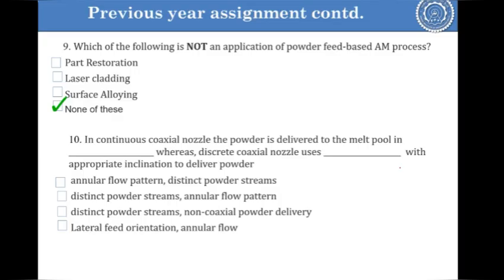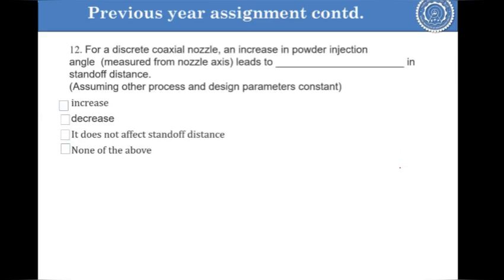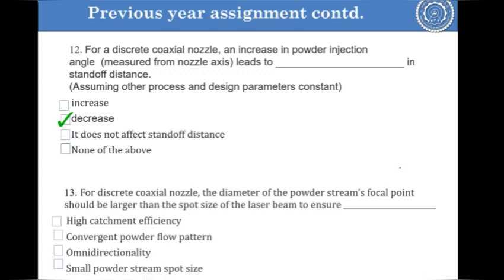In continuous coaxial nozzle, the powder is delivered to the melt pool in annular flow pattern, whereas the discrete coaxial nozzle uses distinct powder streams inside the nozzle. For a discrete coaxial nozzle, the increase in powder ejection angle leads to decrease in the standoff distance.